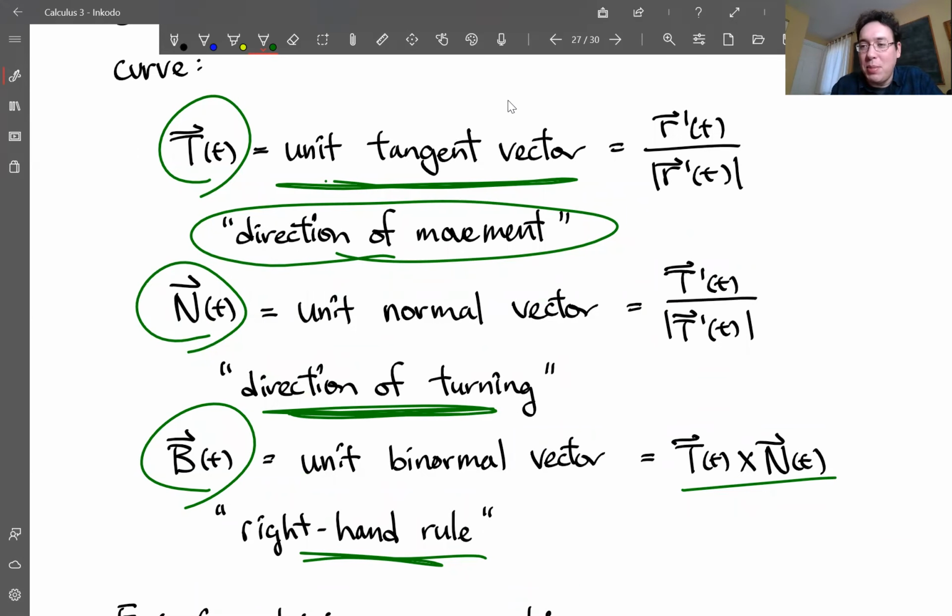So T, N and B form a local coordinate system. And not only that, it has a coordinate system for every time t that's given in the problem. So as the curve moves, as the particle moves, there's an attached coordinate system that travels along with it.